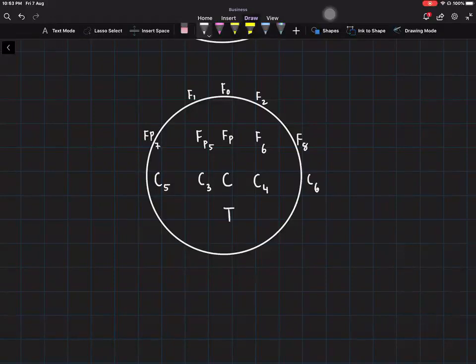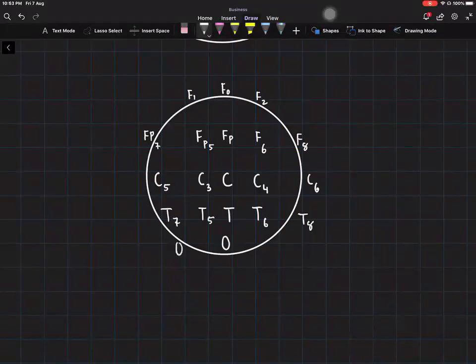Then you have your T, T5, T7, T4, sorry, T6, T8. And finally, you have your occipital here.